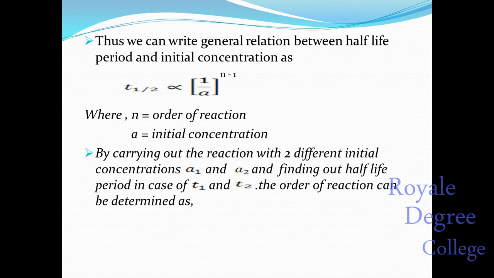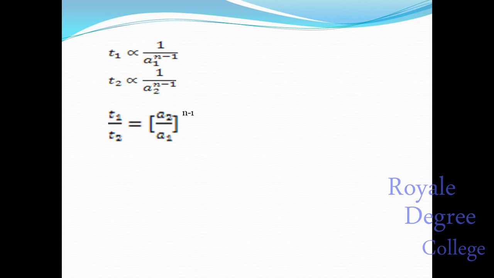By carrying out the reaction with two different initial concentrations a1 and a2 and finding out half-life periods t1 and t2, the order of reaction can be determined as follows. Here you can see t1 is inversely proportional to 1 by a1 to the power n minus 1, and t2 is inversely proportional to 1 by a2 to the power n minus 1.